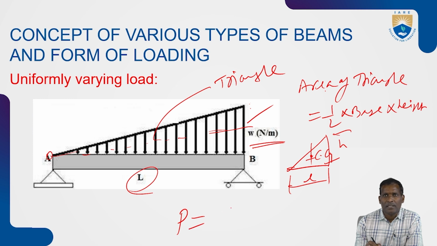So P is equal to the area of the triangle, that is half into W, and the base is L. Here W is in Newton per meter.